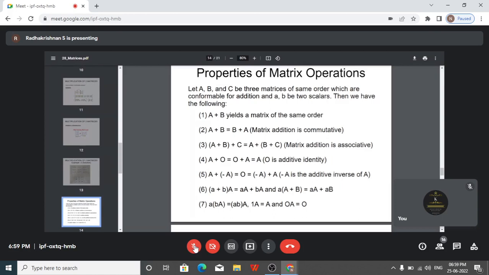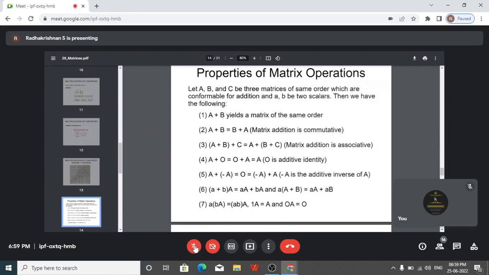Next, if a and b are small a and small b, so they are scalars, some numbers, then (a plus b) into A equals aA plus bA. What are we doing here? Suppose a is 3 and b is 2, so a plus b is 5.